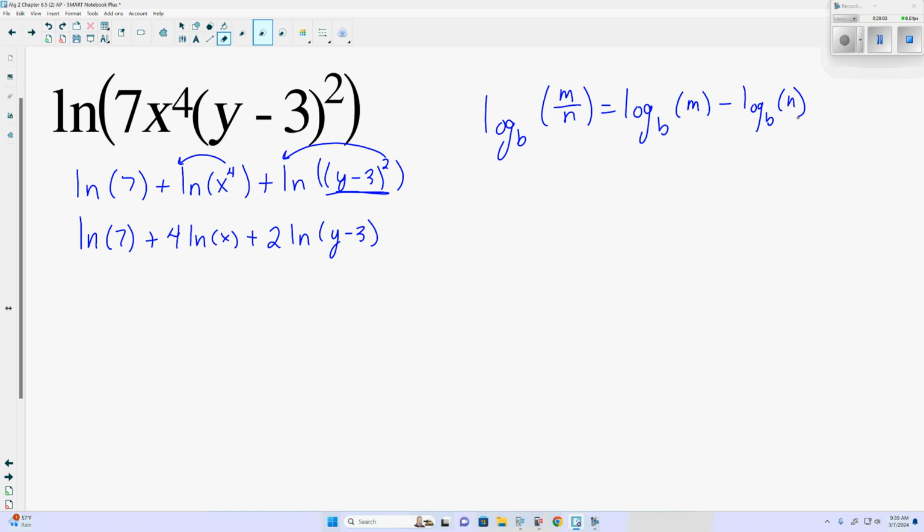Here the minus is inside the log, yes? Those properties don't connect. That is the answer. If we have addition or subtraction inside the log, none of our properties work with that. All the properties work with multiplication, division, or powers, exponents inside the log, not addition or subtraction. Does that make sense? Yeah. So it's very tempting to try to say that the natural log of y minus 3 is the natural log of y over the natural log of 3.